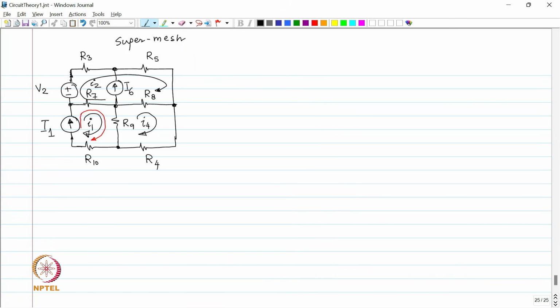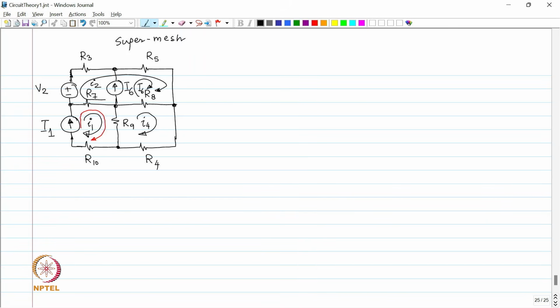Alright. In which case we are going to have another mesh like this, additionally a second mesh which has a value of capital I6. Okay. Now, once again, what is the current through V2, bottom to top? I2. What is the current through R3, left to right?